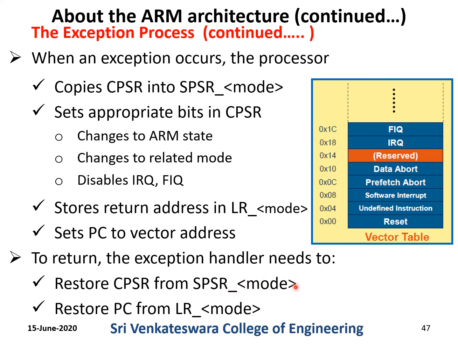So from the mode it is transferring from, that corresponding SPSR register value is restored into the CPSR. And also the link register in the corresponding mode will be copied into the program counter register. So now again the sequence in which the programs are executed will be changed back to the original one.